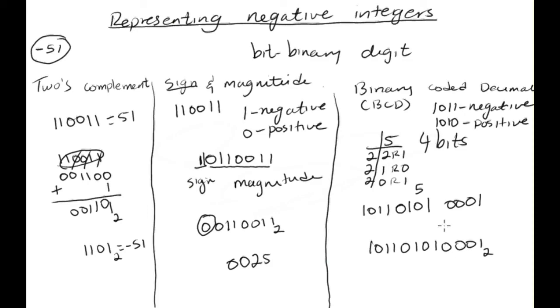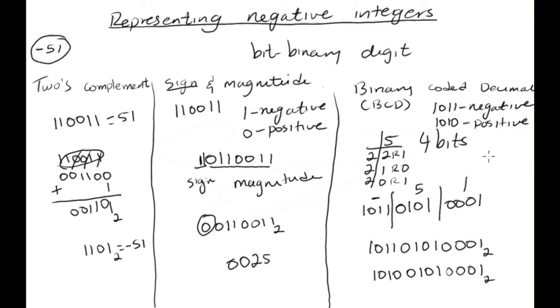This should be our answer. So I convert 5, I convert 1, and this represents the sign. This is negative. If it was positive, then it would be 1 0 1 0 0 1 0 1 0 0 0 1 base 2.